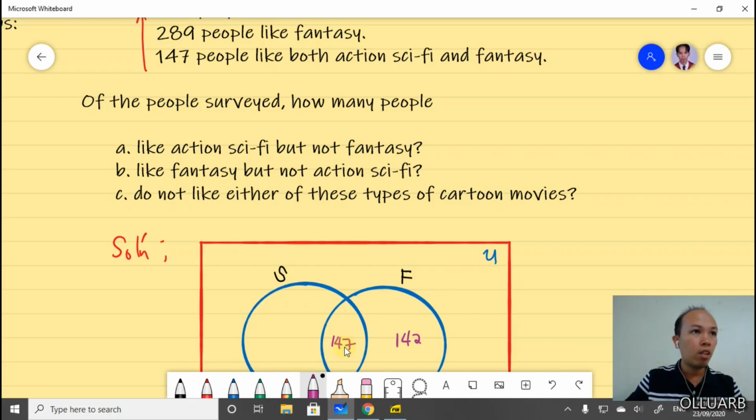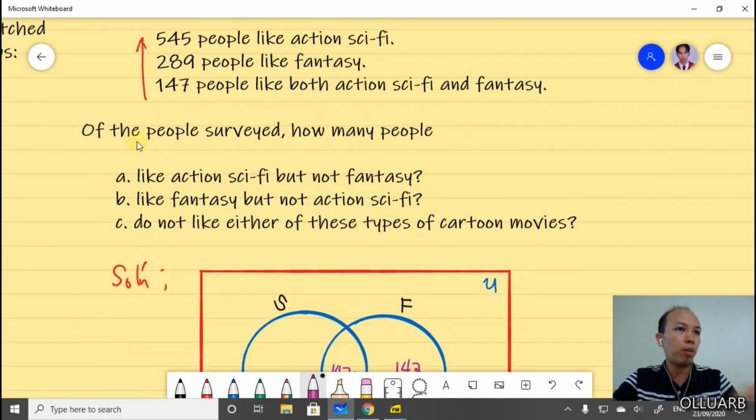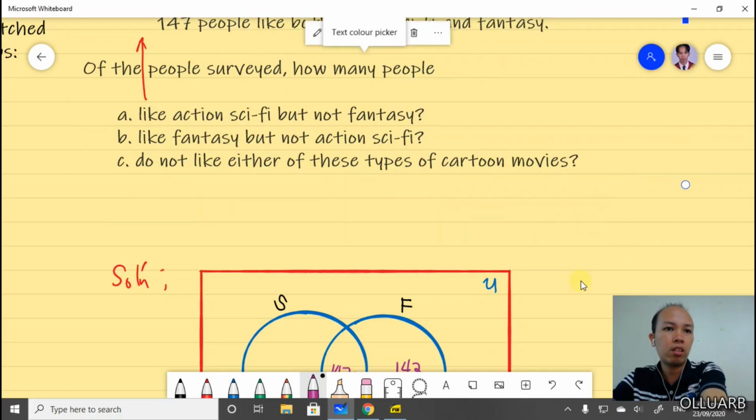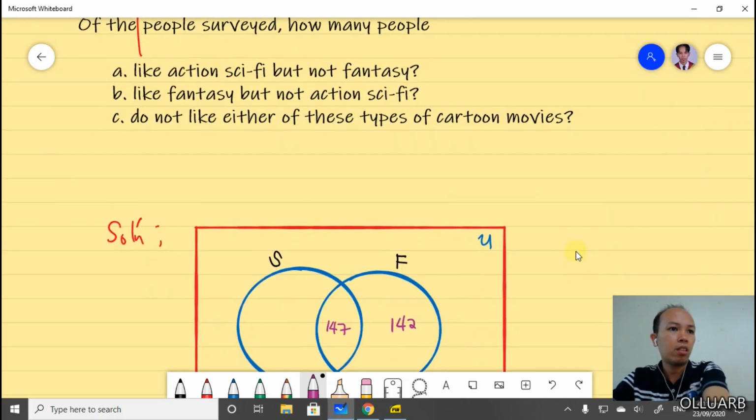And for the last one, we have 545 people who like action sci-fi. So 545 minus 147, you will get 398. Okay, 398.